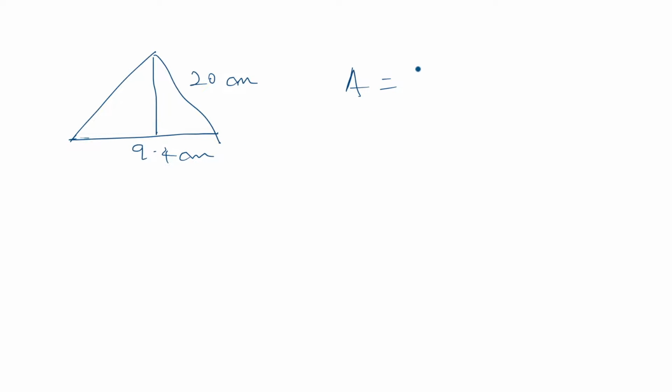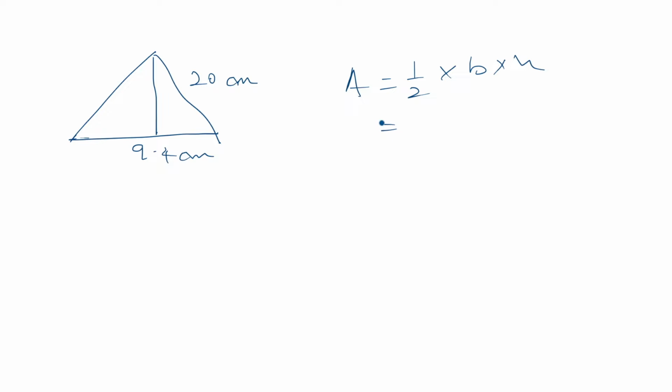Okay, question 20. It says that the height of the triangle is 20 centimeter. And then its base is 9.4 centimeter. So what is the area? Area equals to half times base times height.